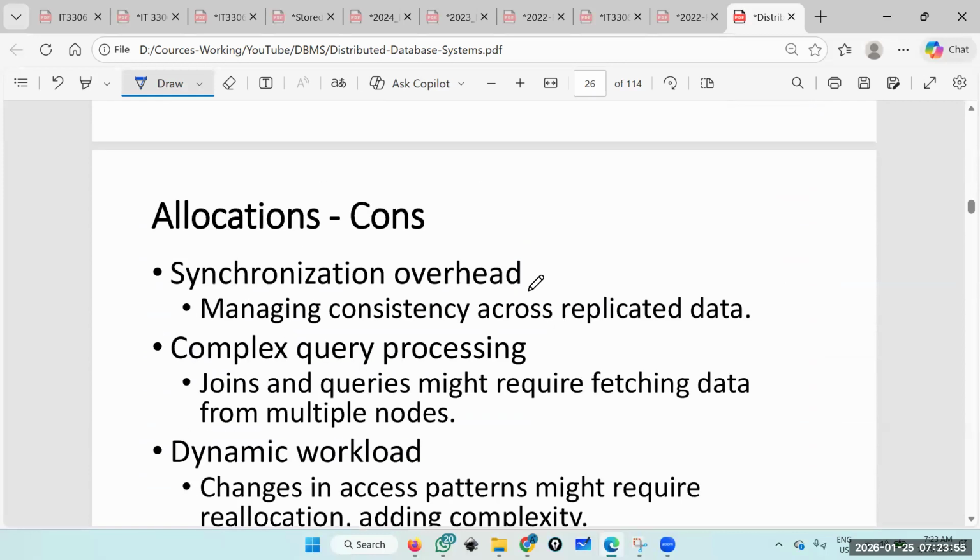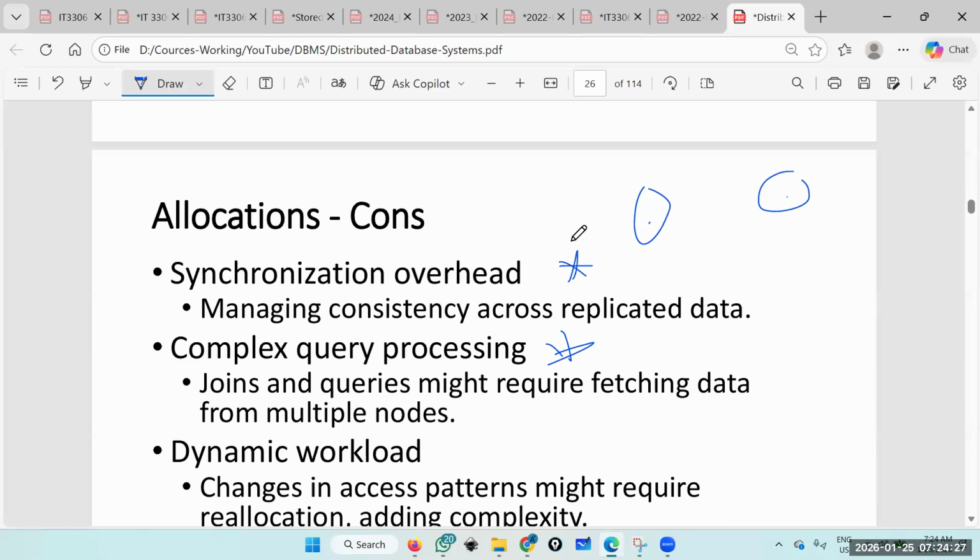Again, there are pros and cons. For example, when we partition, complex queries need to take data from one site to the other, and that makes query processing complicated. Sometimes it will make it slower. There can be synchronization overhead with replication, because the same data is in multiple sites: when this is updated, we need to update that also, otherwise it's inconsistent.